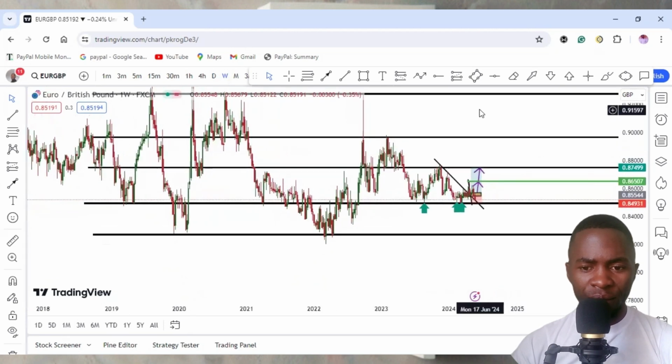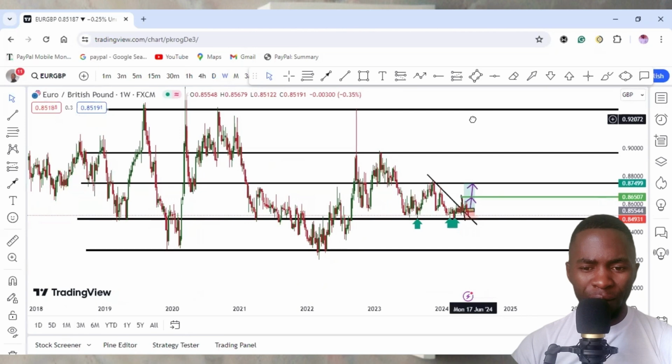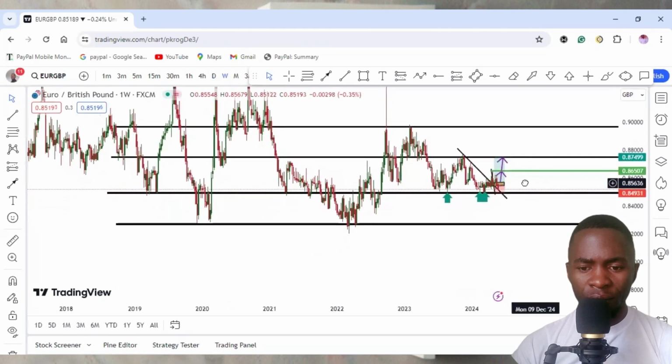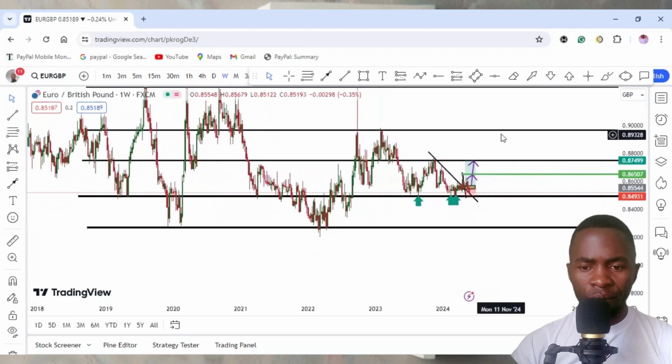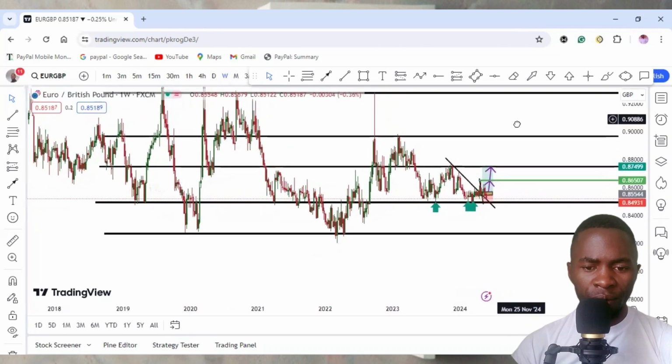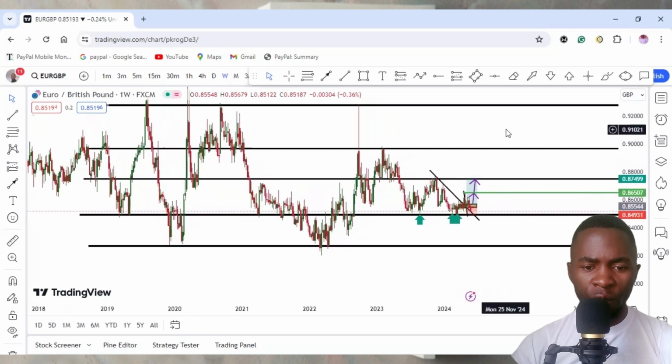You can see clearly that this pair is kind of retracing. The movement of this pair is not as much as I expected. If you can see, it is almost always retracing.